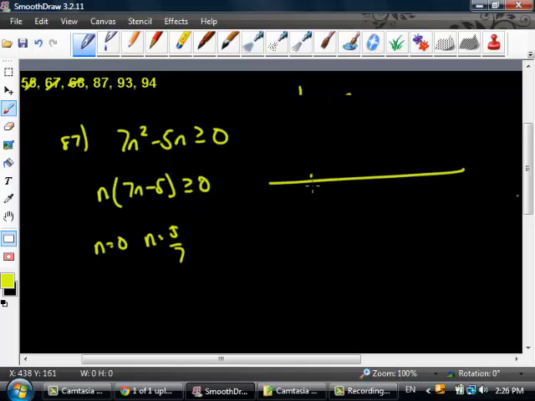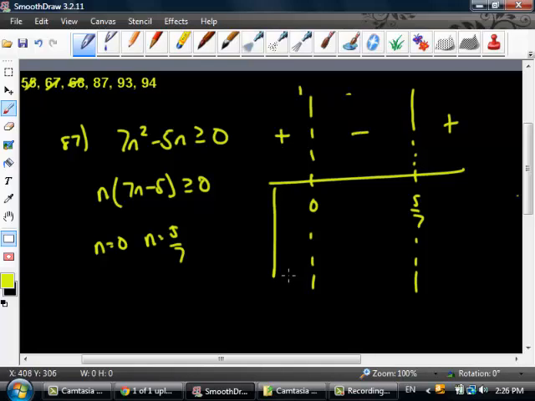I'll just do this one really quickly. It's 0 and 5 over 7. It's going to be positive, negative, positive. So we're looking for negative infinity, comma, 0, union, 5 over 7, comma, positive infinity.